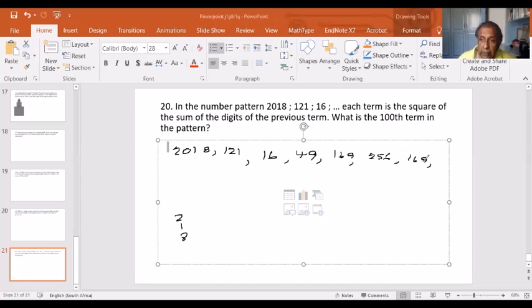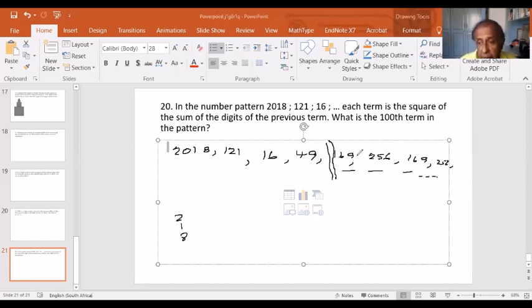And now you get 16 squared is 256. So you see that this sequence actually starts repeating: 169, 256, 169, 256. They stop at some point and they start oscillating up and down.